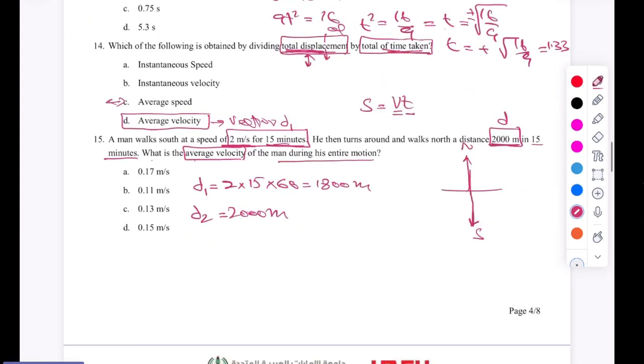And the total time, how to find the displacement? Displacement d is d2 minus d1. And what is the total time? The total time is 15 minutes plus 15 minutes, so total time is 30 multiplied by 60, which is 1800 seconds. And your displacement d2 minus d1 is 2000 minus 1800, which is 200 meters.